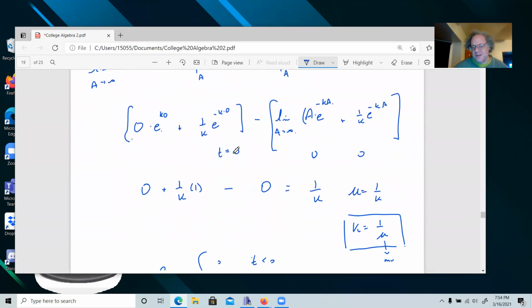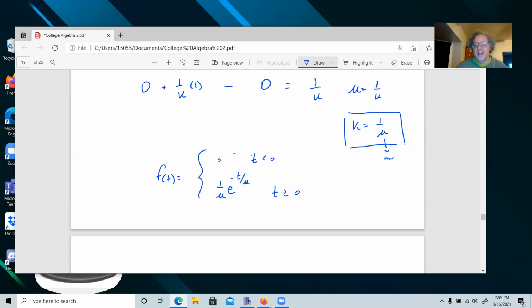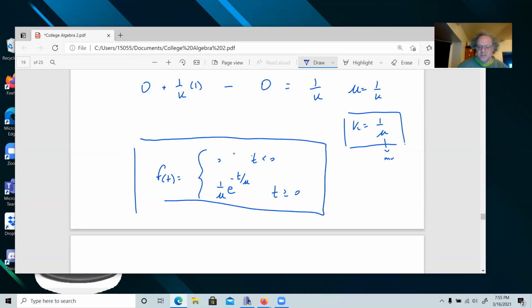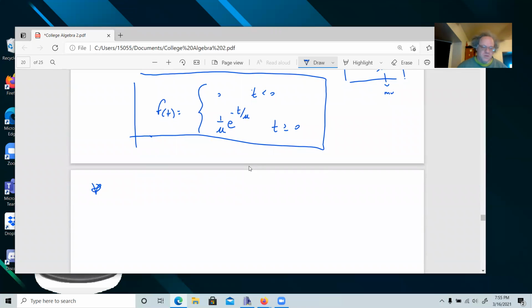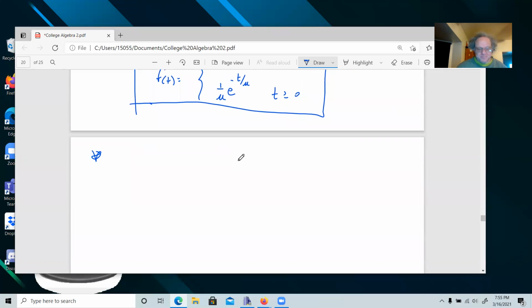I'm never going to ask you to determine whether something is or isn't a PDF. It's just going to be given to you as if it were. So that's just for context and the rest of the problem. It's not anything you have to deal with. Now, there is one major problem, and that is your book really likes the normal distribution.